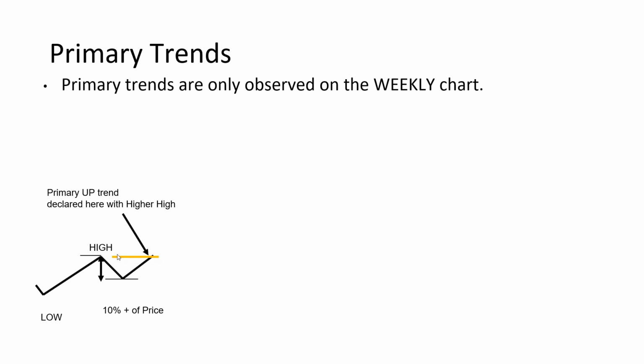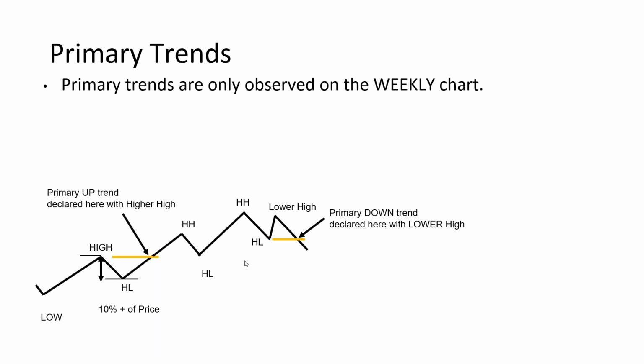This is out on the weekly chart. If it breaks a previous high, we have a primary trend in place. We're then looking for that trend to continue. Hopefully that trend will continue with a series of higher highs and higher lows and higher highs. And then there are times when trends don't continue and there'll be a lower high in front.